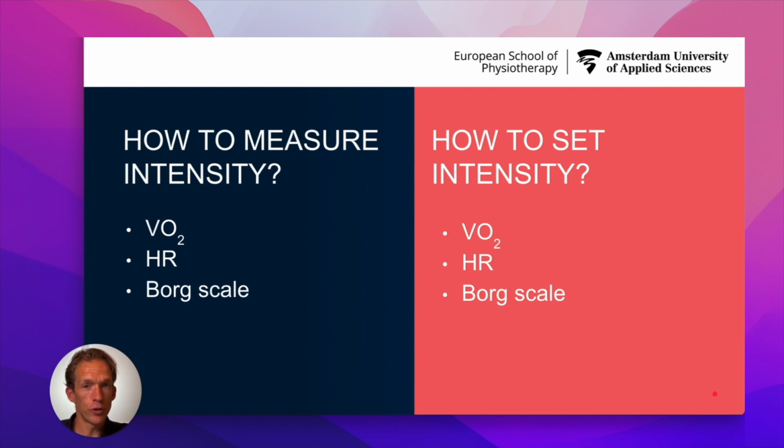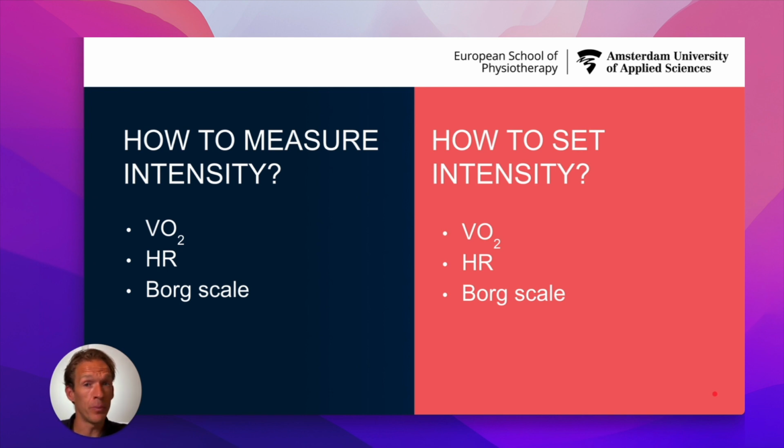So there are two purposes. Again, there's how to measure intensity and there's the question of how to set intensity. When it comes to the aerobic system, VO2 is a great variable, heart rate is a great variable, and the Borg scale is a potential variable. The Borg scale we will not focus too much on right now. VO2 is not very realistic in many cases of actual patient monitoring because you don't have those tools for regular training.